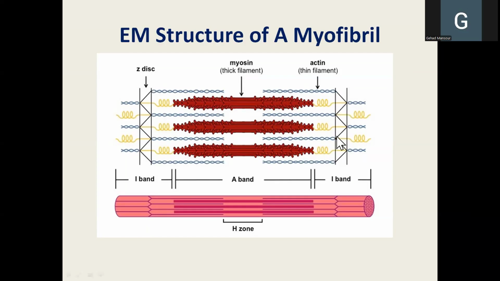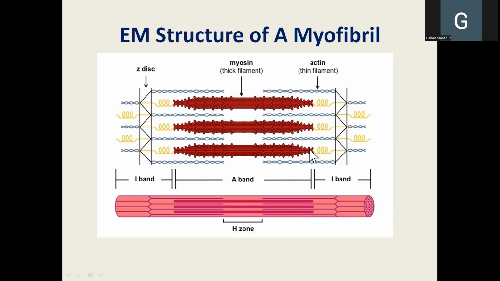In every sarcomere, we find that it's bounded by two Z discs that are made of thin filaments. The actin filaments are parallel to each other. They arise on each side at the Z line and extend towards the center of the sarcomere. But there is a part in the center that does not contain actin.